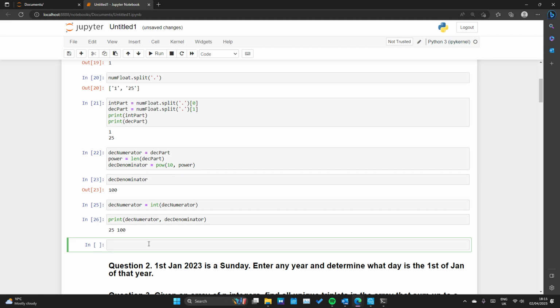Now in this form, we know that numerator is smaller than the denominator. We could also create a situation where numerator is not smaller than the denominator, but because we just took the decimal part only, the numerator is smaller than the denominator.